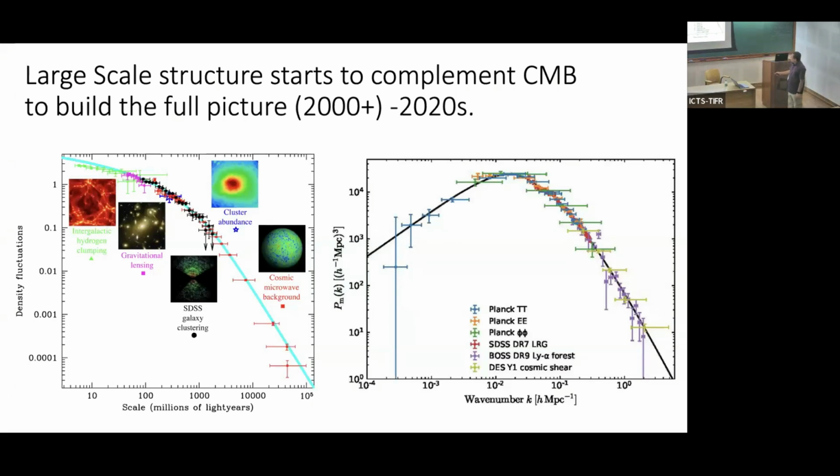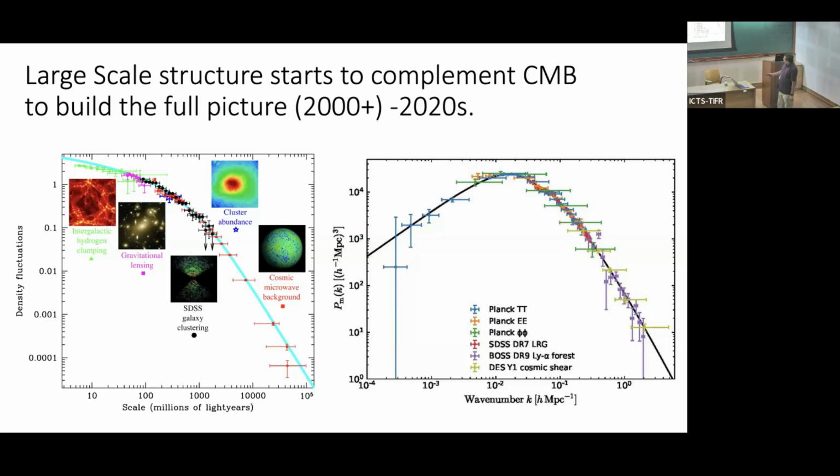And you can see this region is probed by the CMB, and the regions probed by clusters, by galaxies, lensing, the intergalactic medium, these are all completely different experiments, with completely different systematics. All of them fall roughly on this curve. That itself is spectacular. It tells you that one underlying theory of the universe basically explains the CMB and different large-scale structure probes. Today, we are only going to look at cluster probes and galaxy clustering.